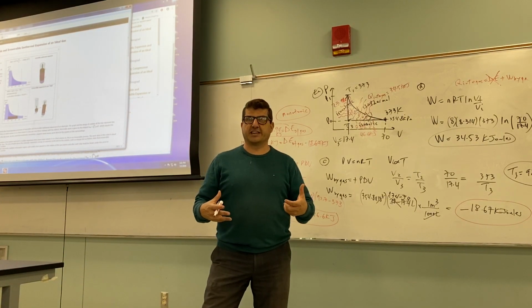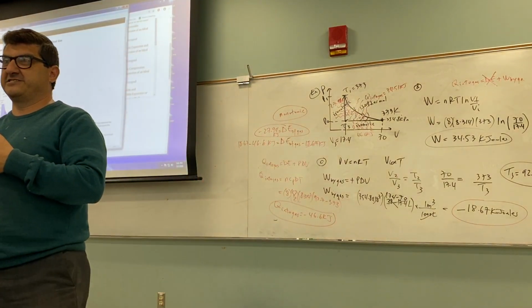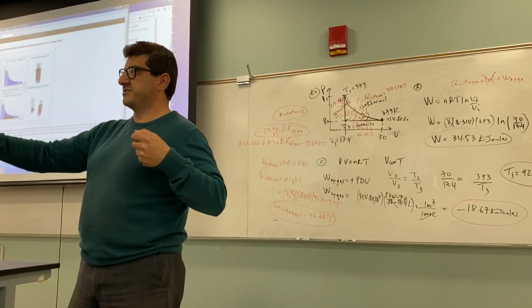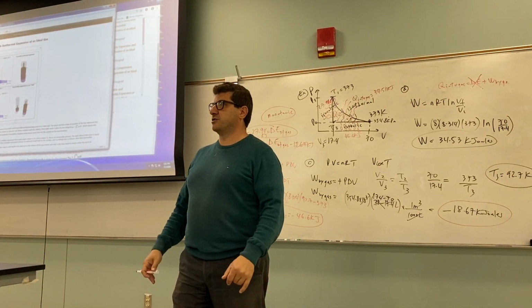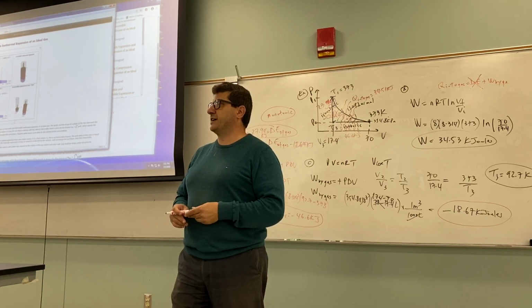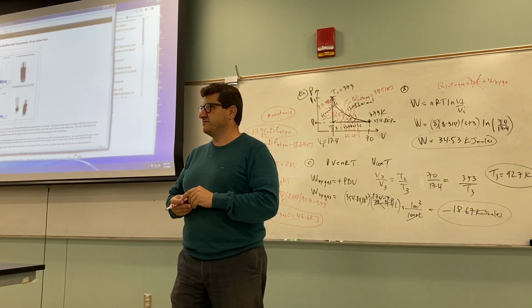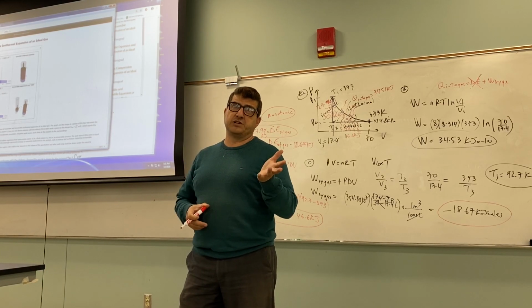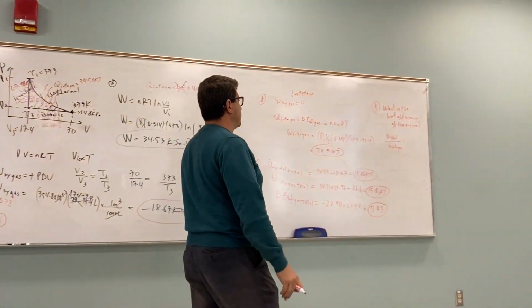That's the heat into the gas. Then how many miles can you drive on that? That's the work done by the car, by the engine. And then that gives you the efficiency of the car. So typical efficiency of a car is about 15 to 20%, maybe 25. Electric cars, 40%, maybe. So let's see what our efficiency is.